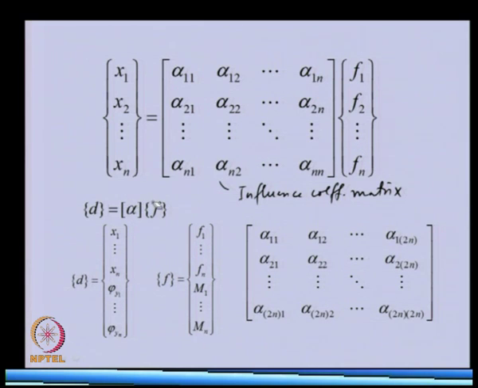In this particular case, what we assume is that the force gives only linear displacement, but in transverse vibration we know that if we apply some force on a simply supported beam, it not only gives the linear displacement, let us say at this location this is x1, but it also gives a slope, because originally the slope was 0, but now the slope has changed.